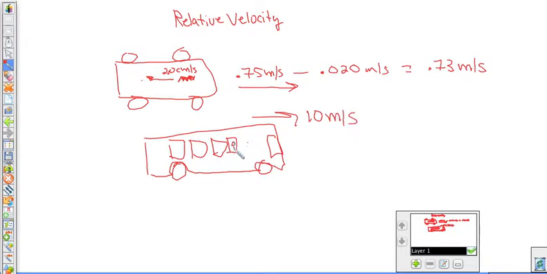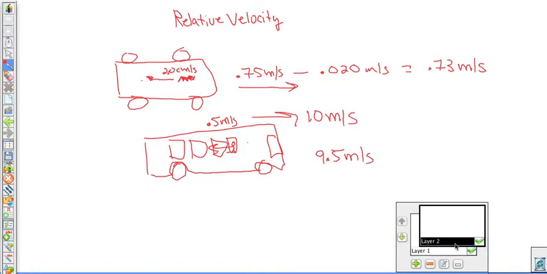If you're walking to the back of the bus at 0.5 meters per second, that means relative to the ground you're only going 9.5 meters per second, because you're walking backwards, which is actually subtracting from the forward motion that the bus is going. So stuff like this comes up.